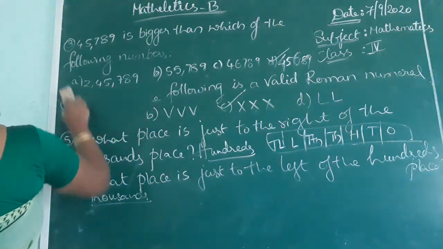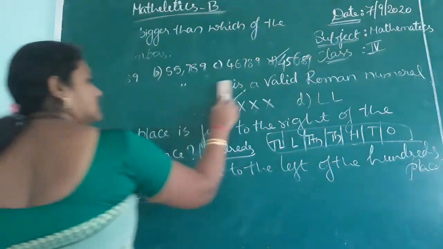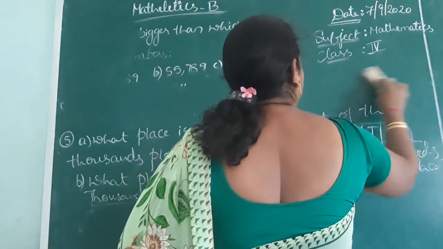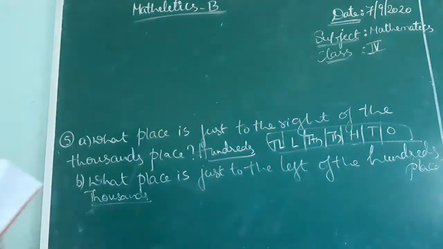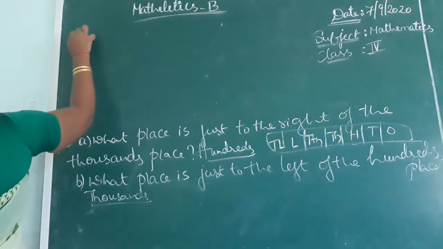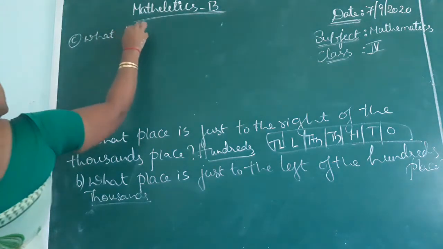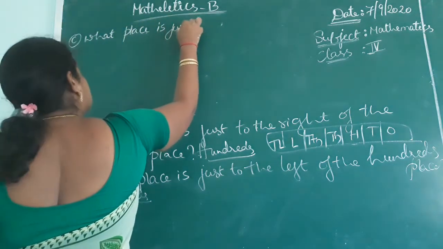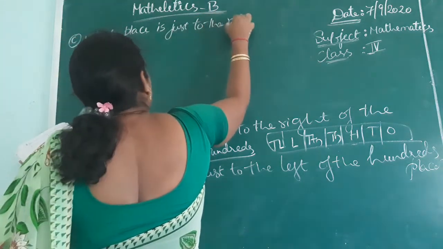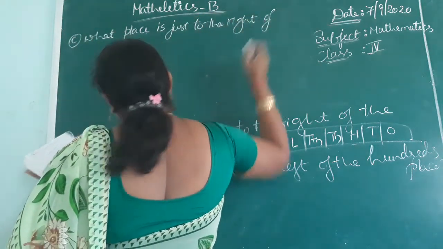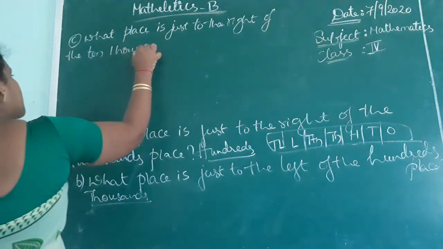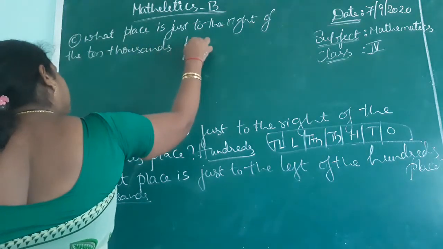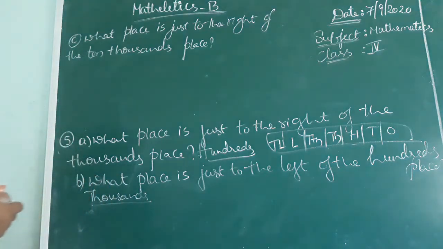What place is just to the right of the 10,000s place?